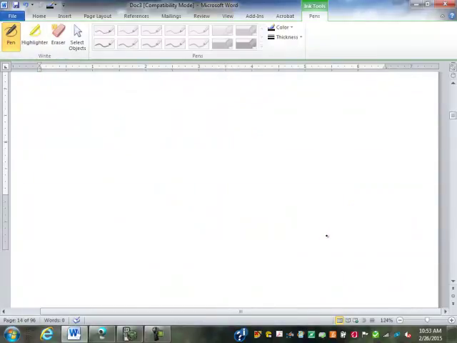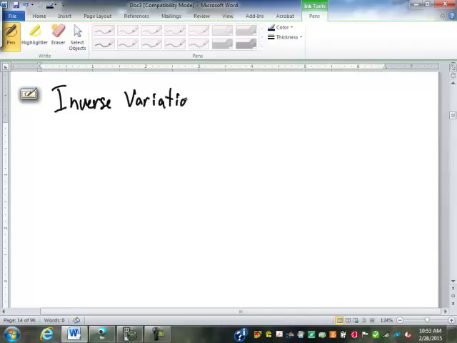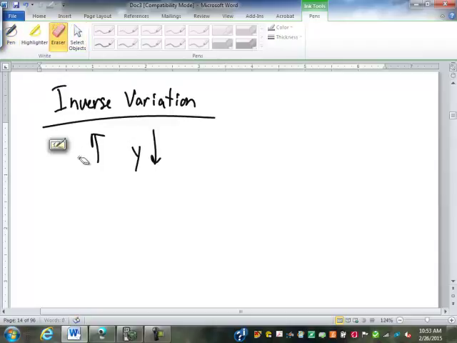Okay, so now the other type of variation we can look at is inverse variation. In inverse variation, if the value for x gets larger, the value for y has to get smaller.